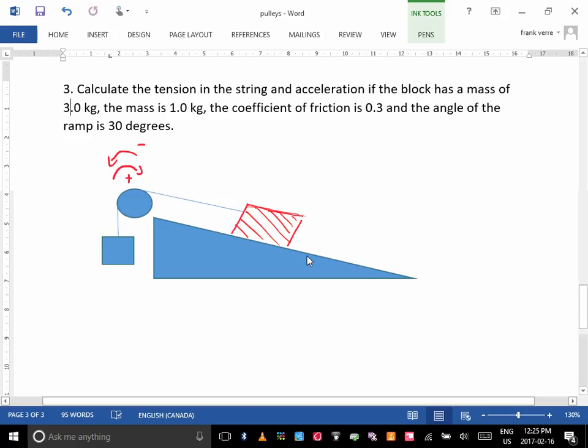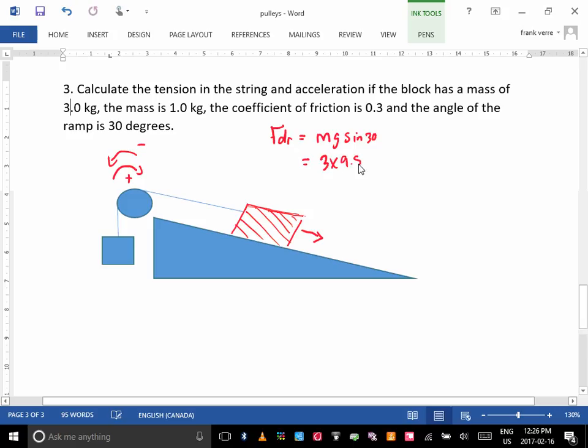So we know that this box is going to experience a force down the ramp, right? And that force down the ramp is a function of its weight times the sine of the angle, in this case sine 30, which we know is 0.5. The block has a mass of 3 kilograms.